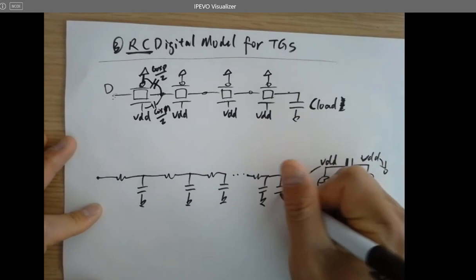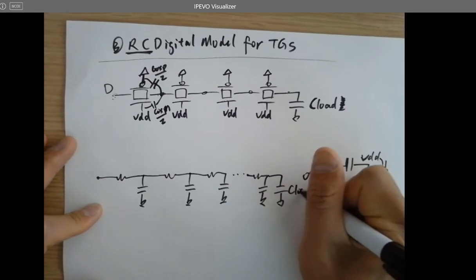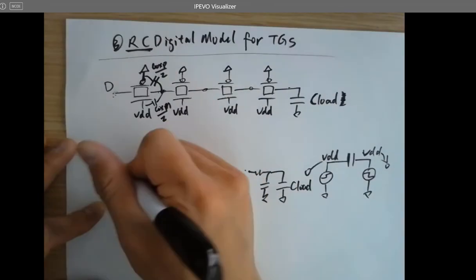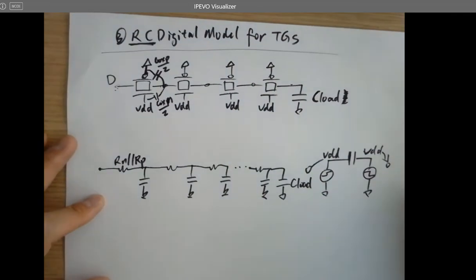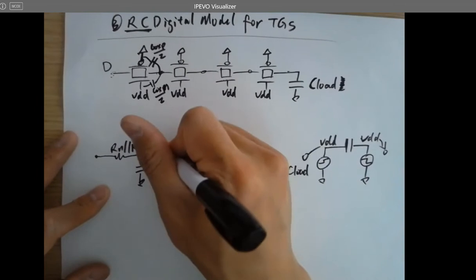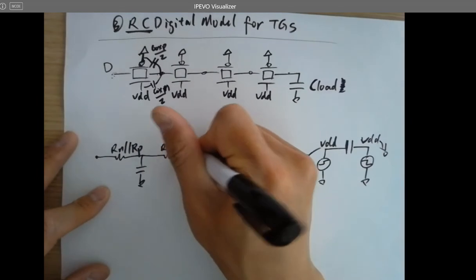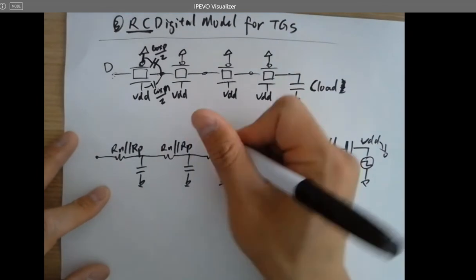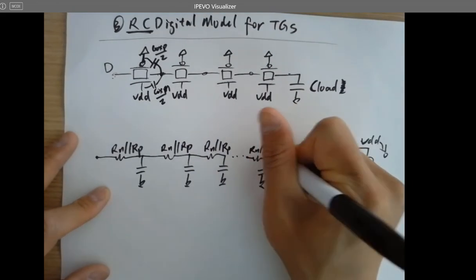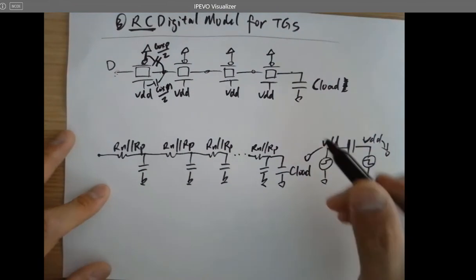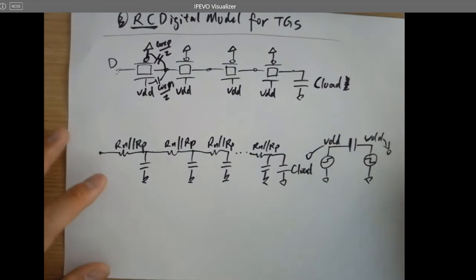And here's a C load. This will be Rn in parallel with Rp, and all the Rn and Rp values are given. And these will be the same R and same Rs and same Cs. And what about the capacitance in this model?